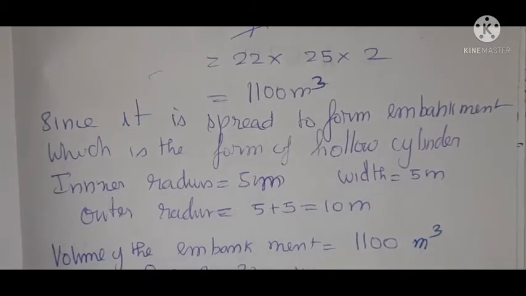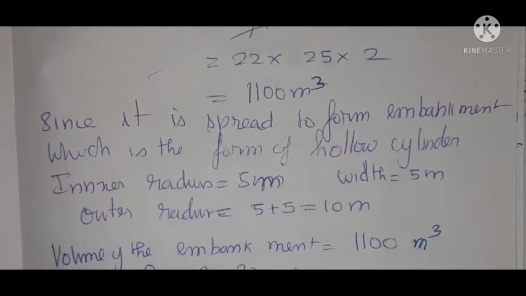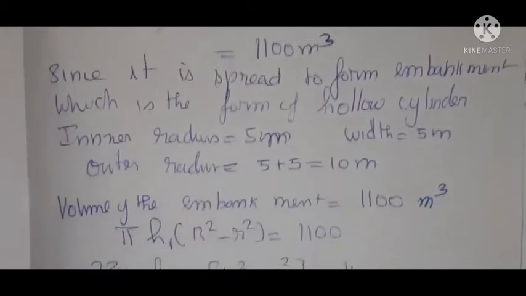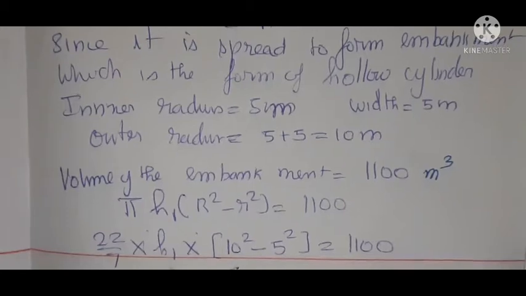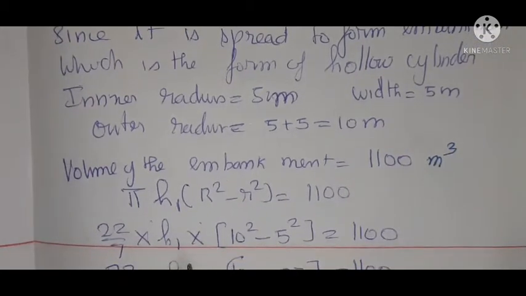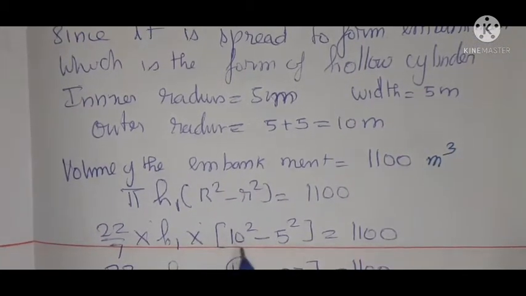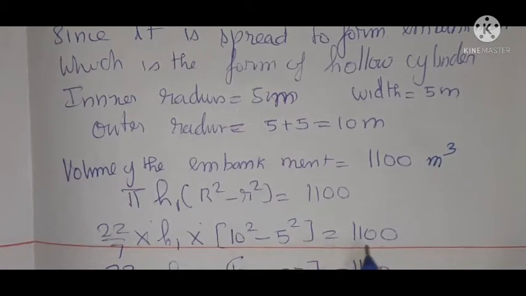Formula for hollow cylinder: pi h (capital R square minus small r square) is equal to 1100. Pi is 22 by 7 into h1, that is the height of the embankment, into 10 square minus 5 square is equal to 1100.